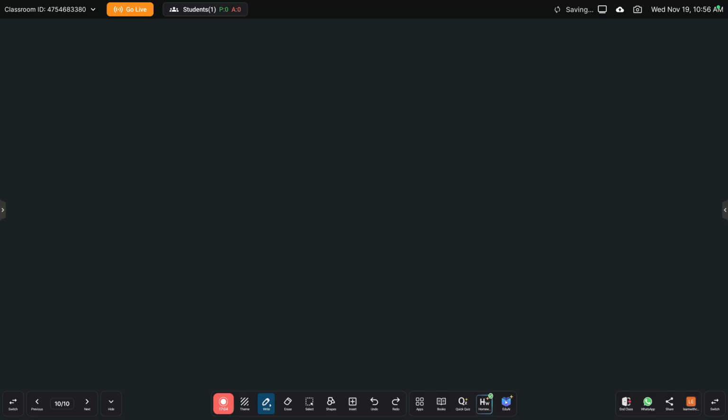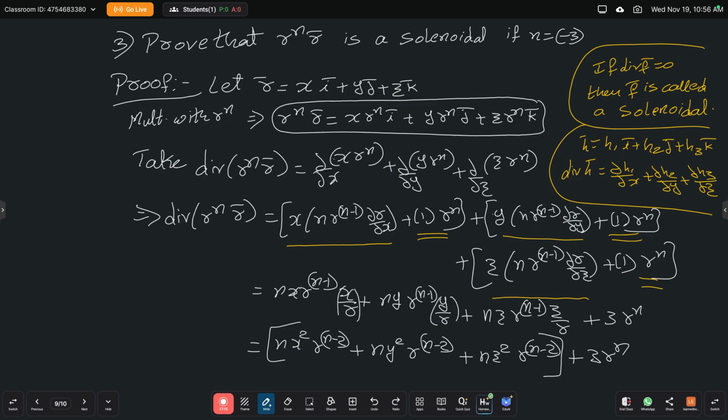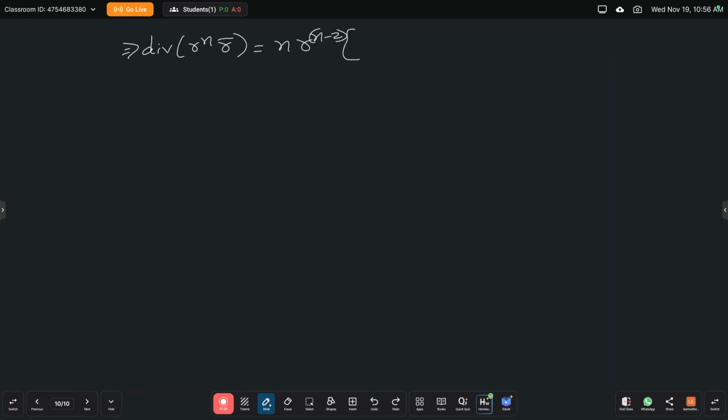Then that implies divergence of r^n r̄ equals n r^(n-2) if we take common. What is left over in the first term? Check it. x square, second term y square, third term z square. So I can write x² plus y² plus z² as r². That is the next step.